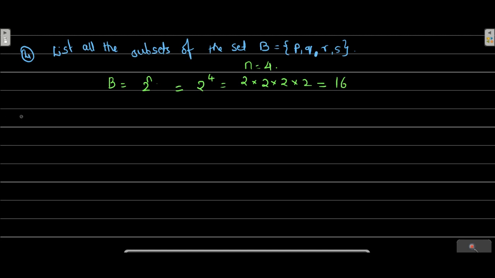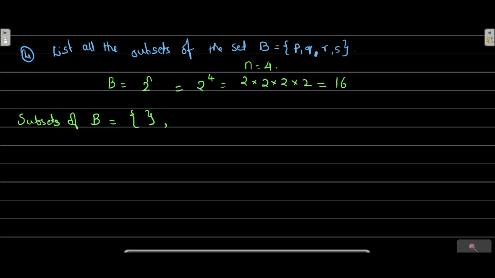Let us write down. Subsets of set B are: the null set is a subset of every set. So whenever he is asking for subsets, write down the null set first. And we should also know that a set is a subset of itself.